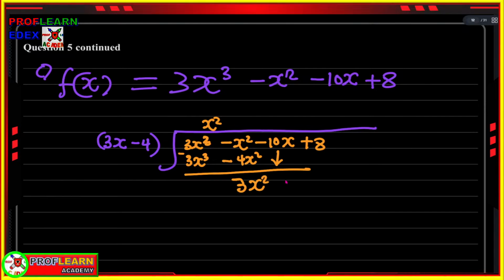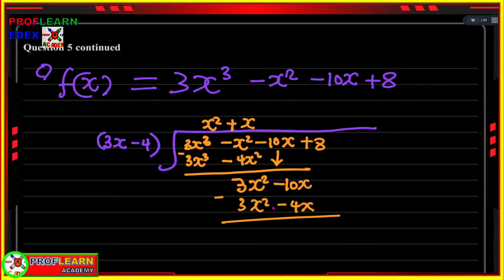Then we shall pull 10x down. We need to have here x, not 3x. X times 3x will give us 3x squared. X times 4 will be minus 4x.